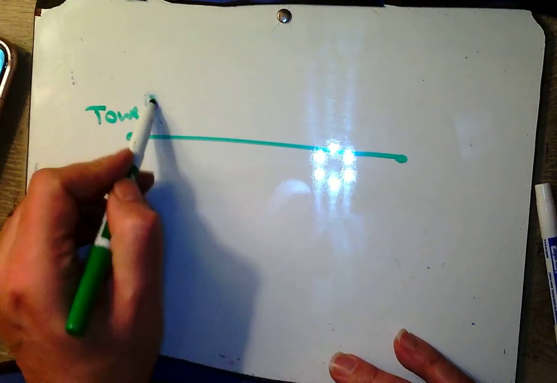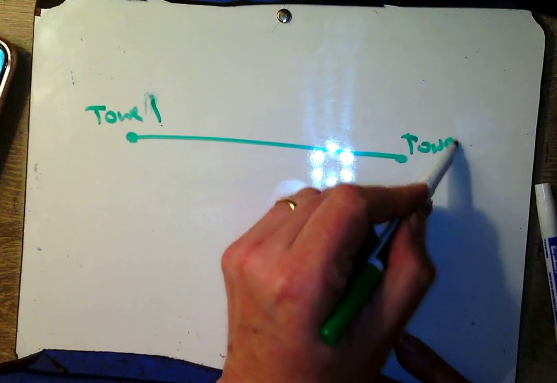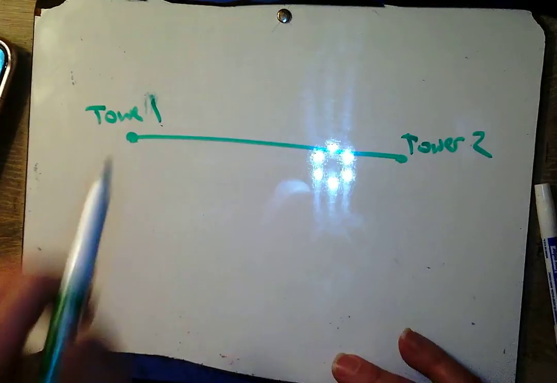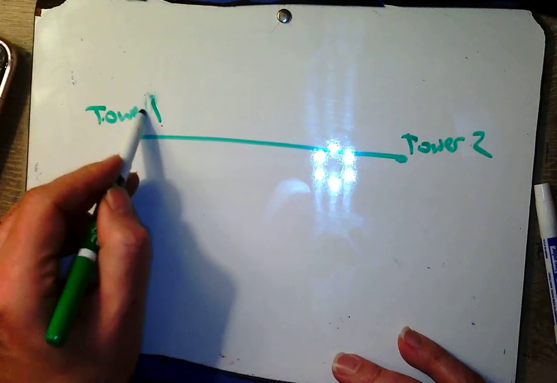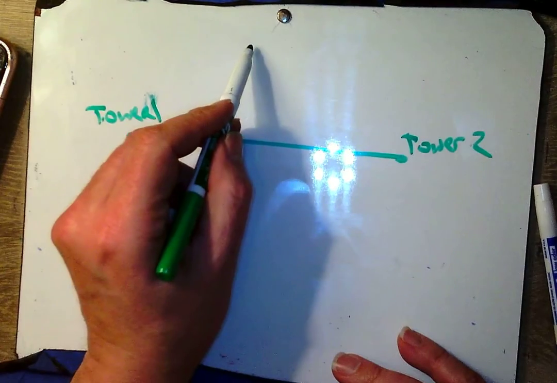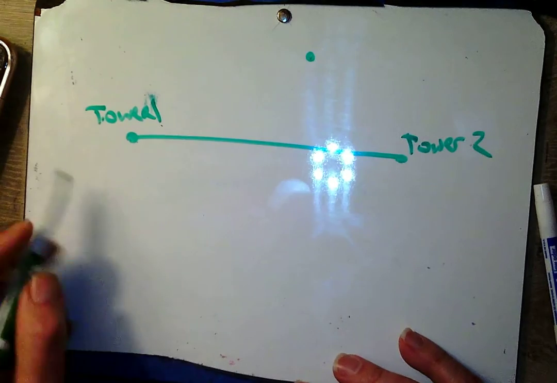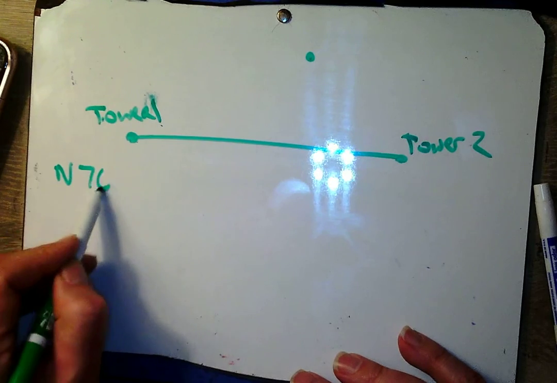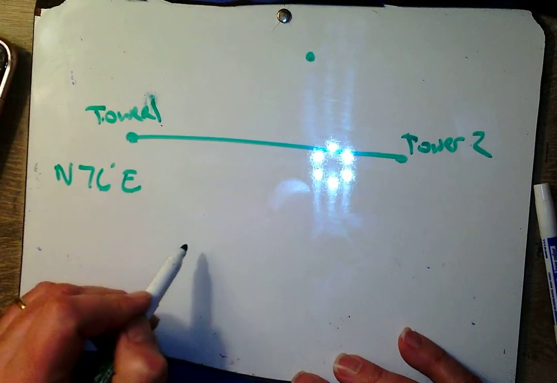But we also have on the mountain some fire watch towers. So how about Tower 1, Tower 2, and from Tower 1 to the fire, the bearing is north 76 degrees east.